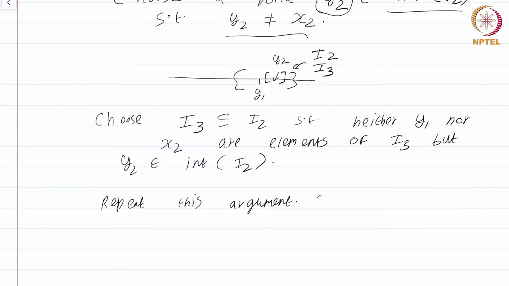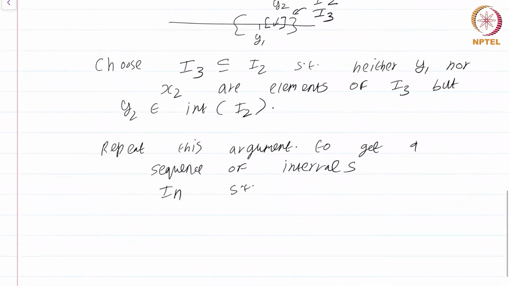So repeat this argument to get a sequence of intervals In such that xn-1 is not an element of In. But In intersect S is never an empty set.